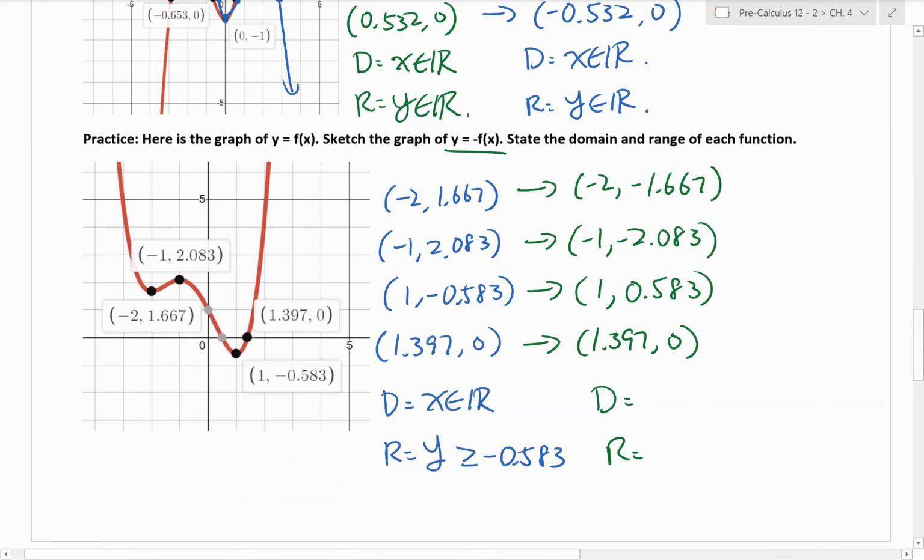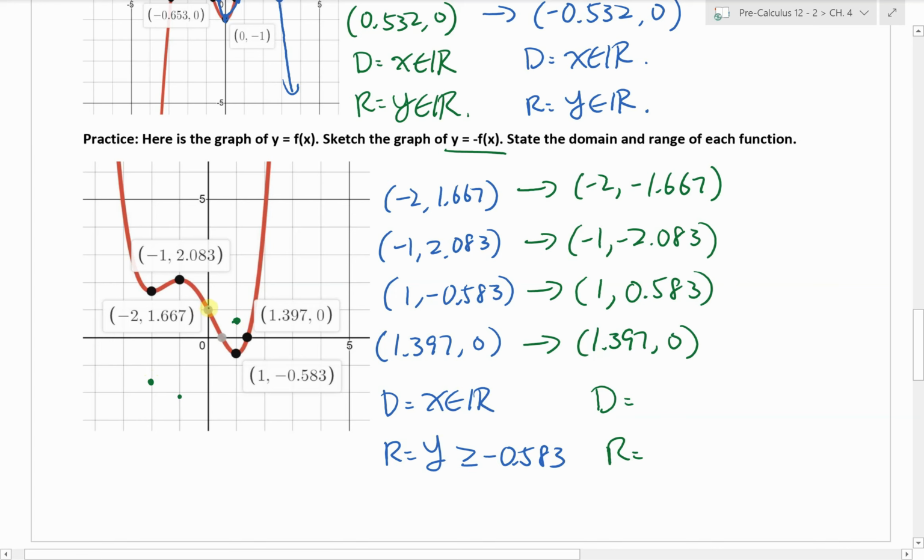Negative 2 and negative 1.667 is somewhere here. Negative 1, negative 2.083, something like this. Right here. 1 and 0.583 somewhere here. I can do this one here.